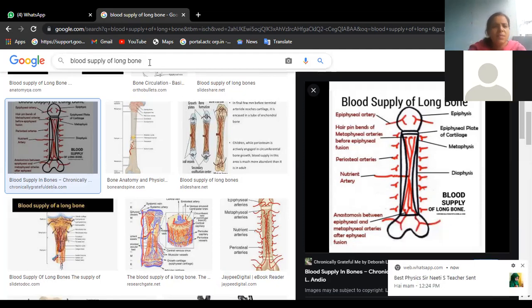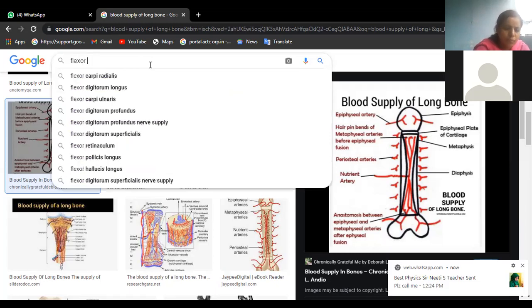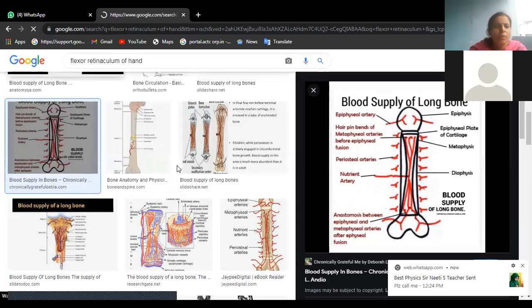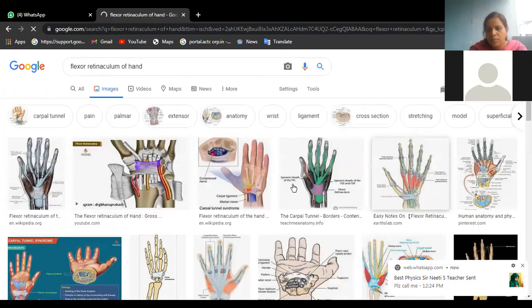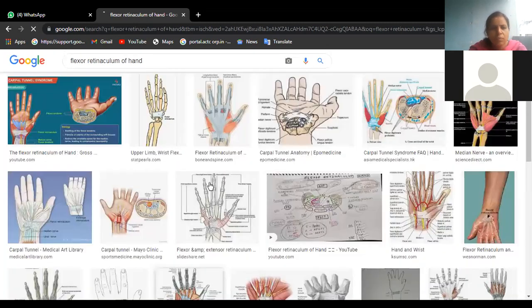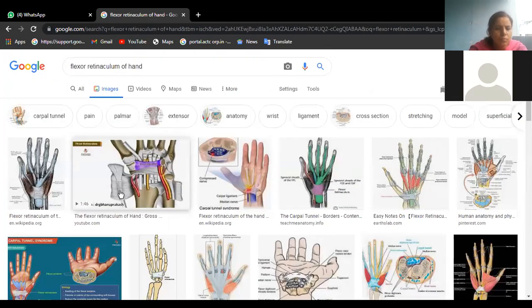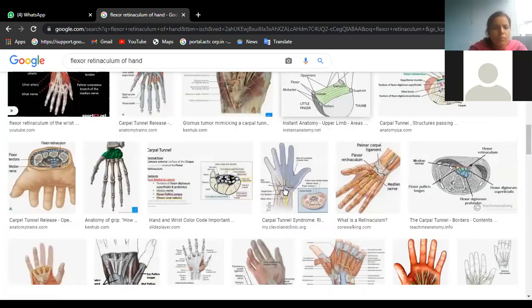Now let me take you to the flexor retinaculum of the hand.